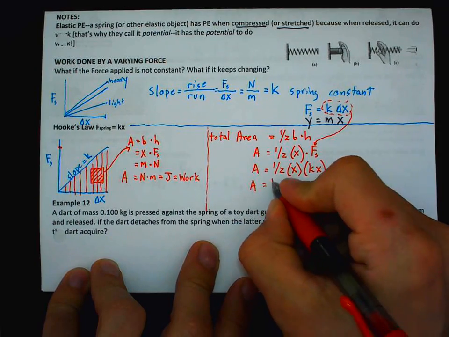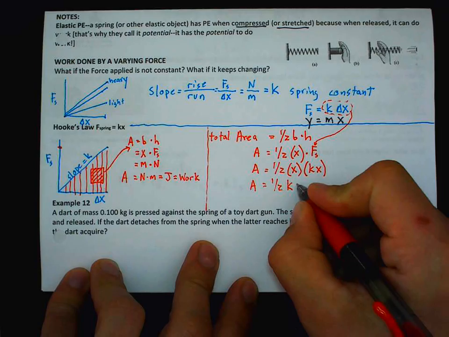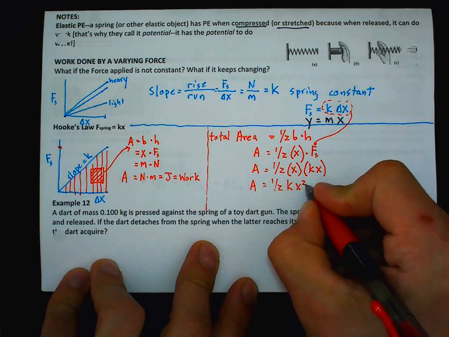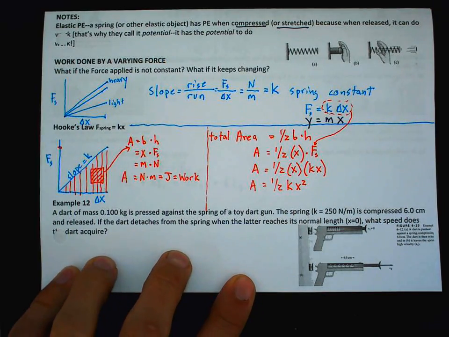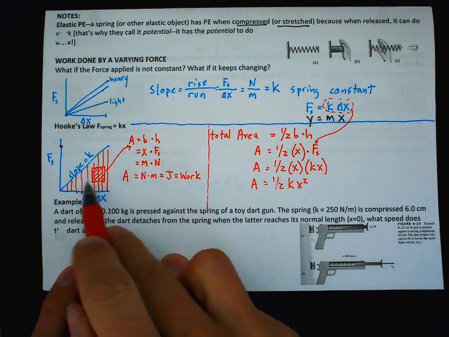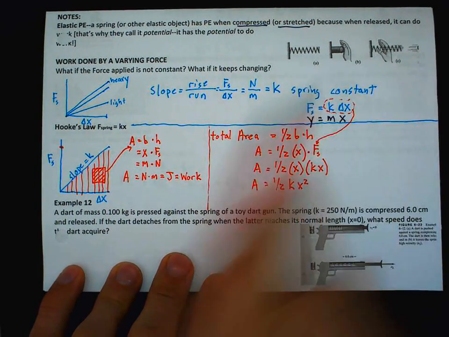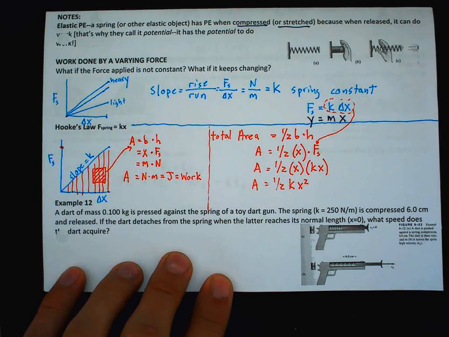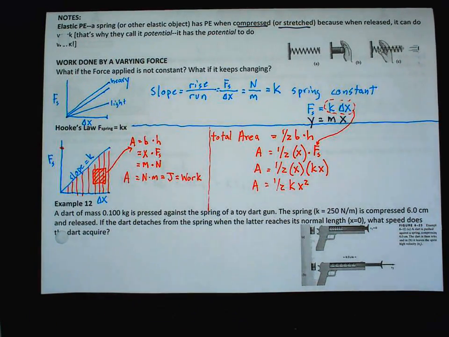Area equals 1/2 k x squared, or k delta x squared. Now what is this? This is the work done, because we said over here the area is the work. This is the work done to compress or stretch a spring. And if we do work, we now have this potential energy in the spring.